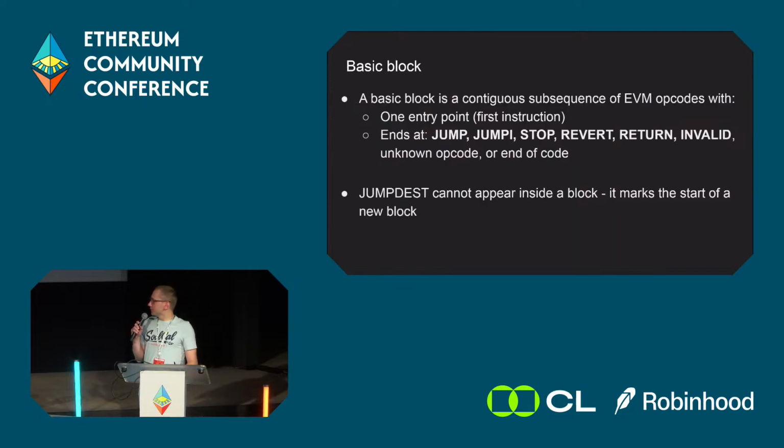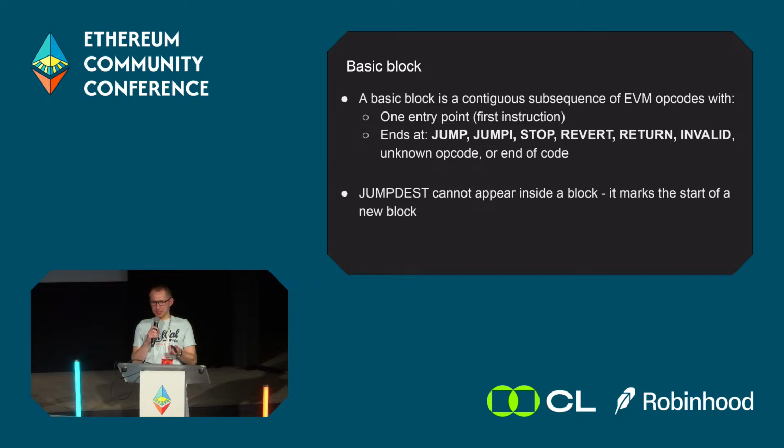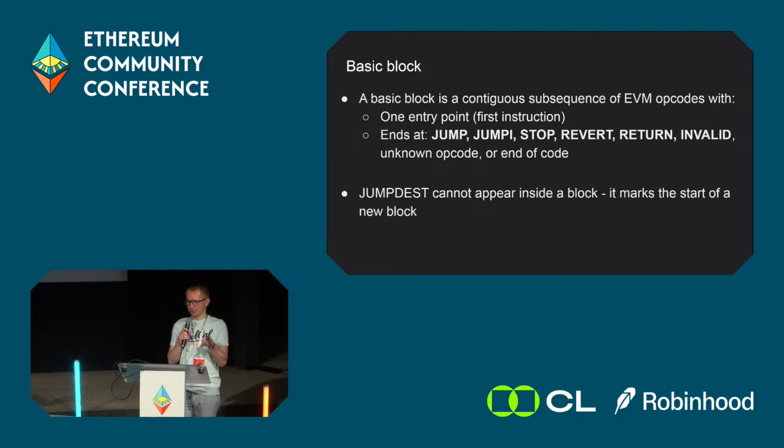And I need to give you some definitions, like a basic block. You can read this definition, but I can say it in other words. A basic block is a set of instructions such that if we execute the first instruction of the block, we will definitely execute the last instruction of the block. So it's a block without any possibility to break through execution.